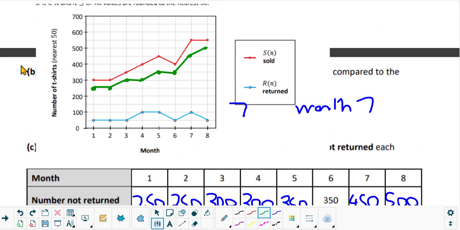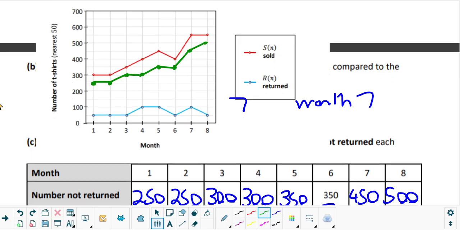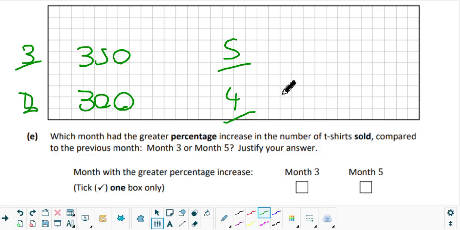Month 5 is 450 compared to. Oh, other way around, yeah. Thank you. Would you agree that both of them have a 50 increase? Would that make sense to you?